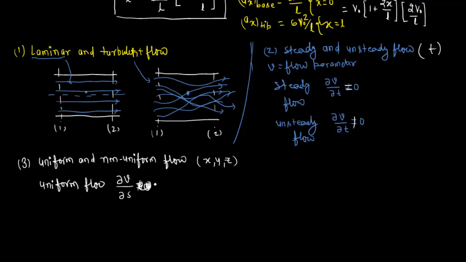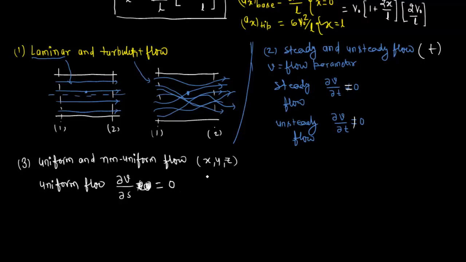For uniform flow, the change of flow parameter with respect to space is 0. Here the velocity has no change with respect to time, but there are changes with respect to space here. So in case of uniform flow, the flow parameters are not varying with respect to space. What is the sense of this? The flow parameters are not varying with the space.